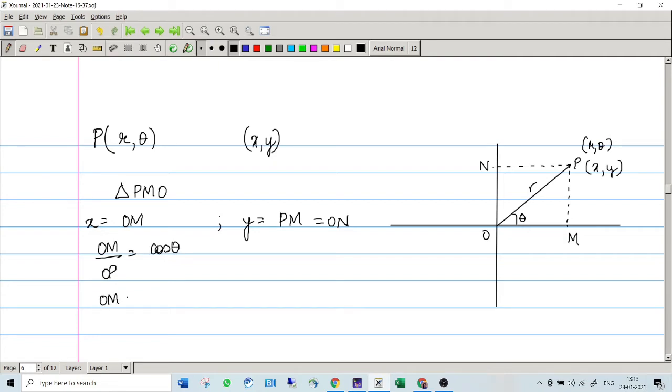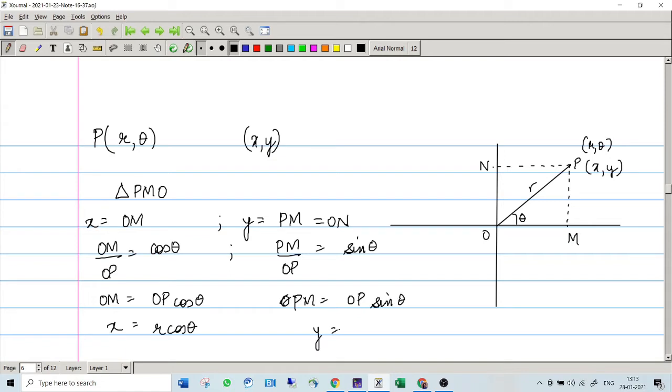So OM is OP cos theta, that is, x, where OP was r, is r cos theta. Similarly, PM upon OP is given by sine theta, which means PM is equal to OP sine theta, which gives you y as r sine theta.